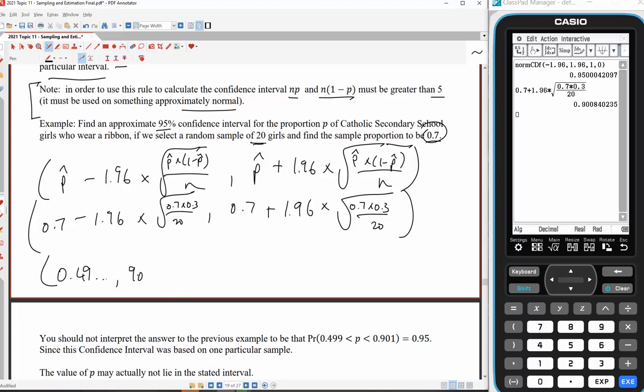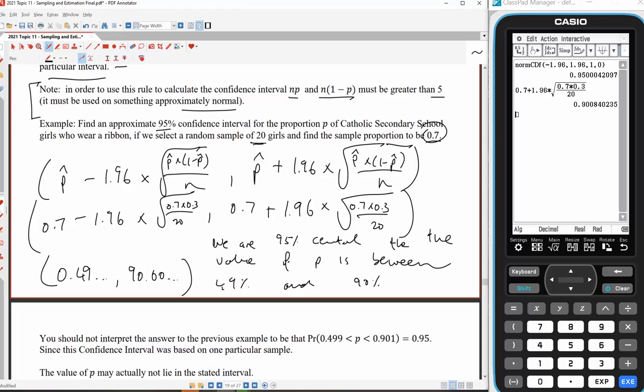That's 0.90... Okay, what does that suggest? Okay, we are 95% certain that the value of P is between 49% and 90%, roughly.